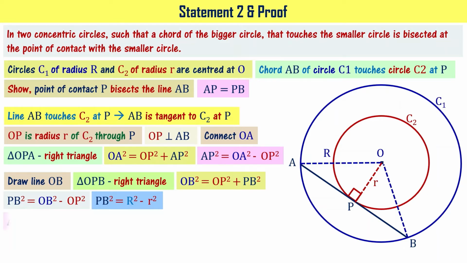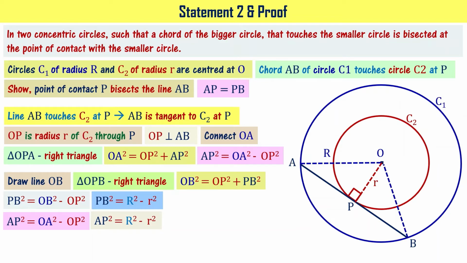When you do that, apply OA equal to capital R and OP equal to small r. AP square can be written as AP square equal to capital R square minus small r square. If you compare the equations written for PB square and AP square now, you see that right hand side terms are both capital R square minus small r square, right?